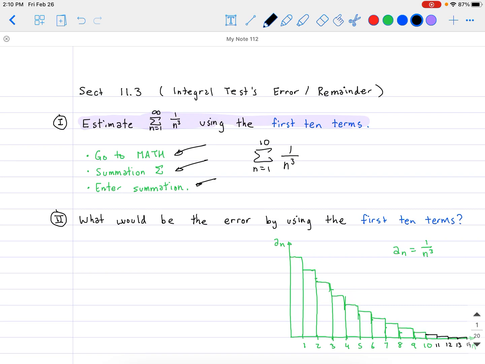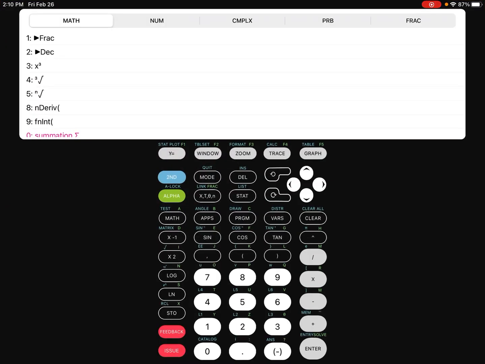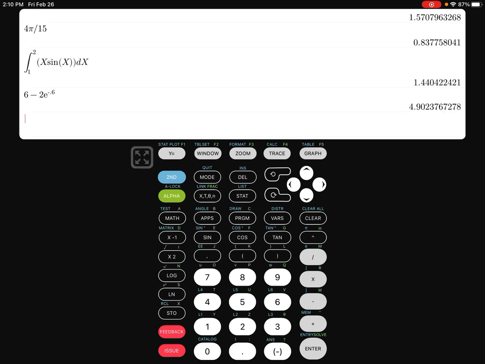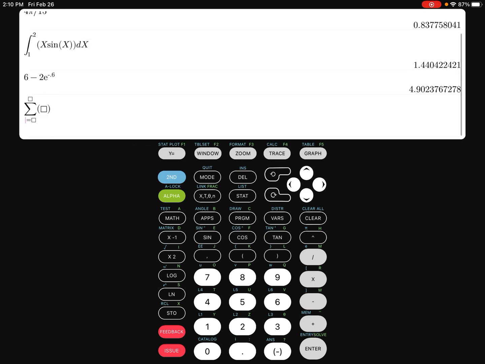Just to save a little bit of time, we can go ahead and show that right now. I'm going to go to the calculator, go to math, and then go to summation. We're going to use x going from 1 all the way to 10, and then 1 divided by x raised to the third power.